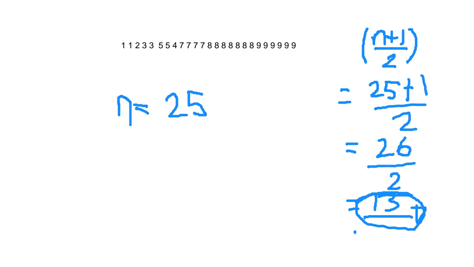So you go and count 1, 2, 3, 4. Boop. There you have it. 8 is the median of this data set.